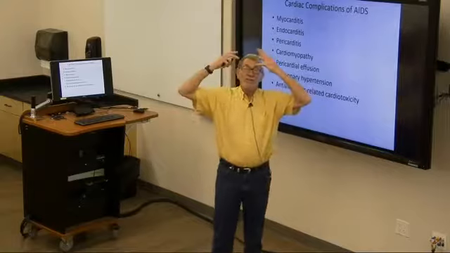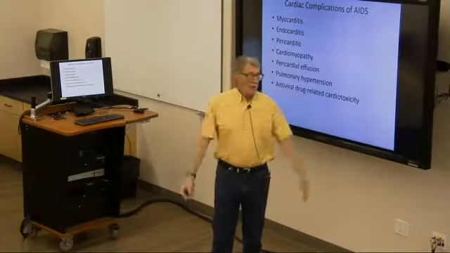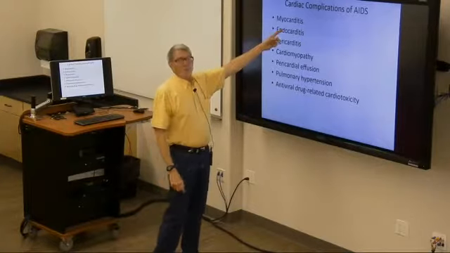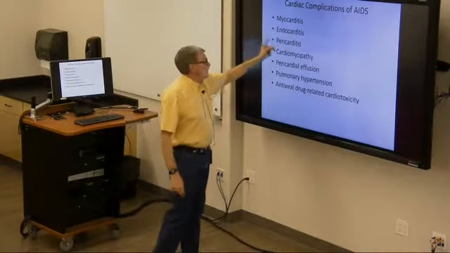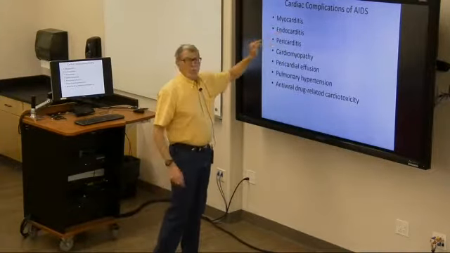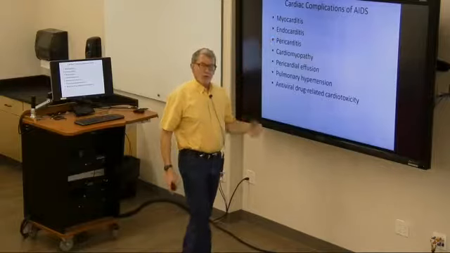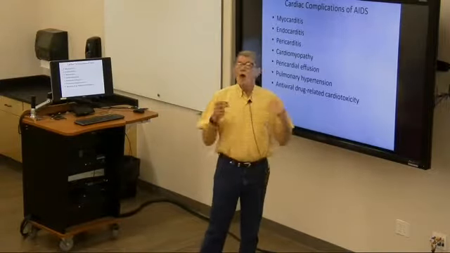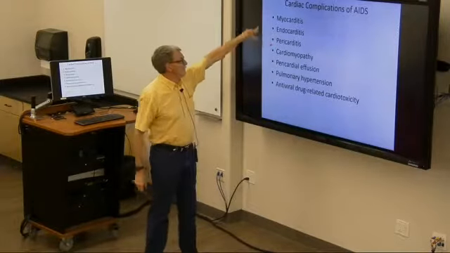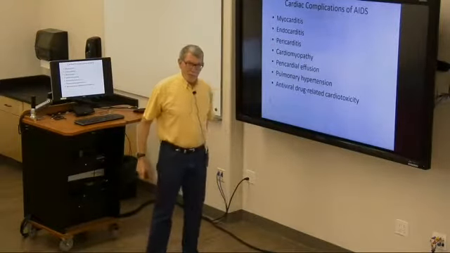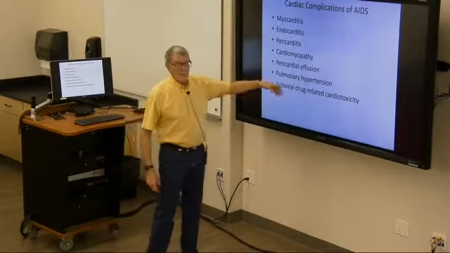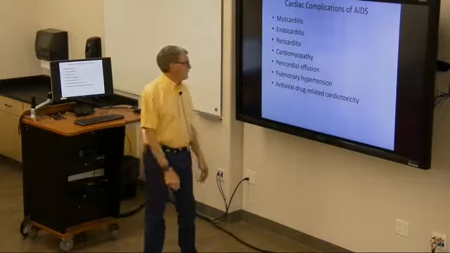It causes encephalopathies in the brain, it causes neuropathies, it causes inflammations of the muscle of the heart, the inner layer, the sac around it, pericarditis, because all sorts of opportunistic organisms come in, or just inflammation in general causing these. Cardiomyopathies, damage to the heart muscle. Pericardial effusion, filling up of the sac.